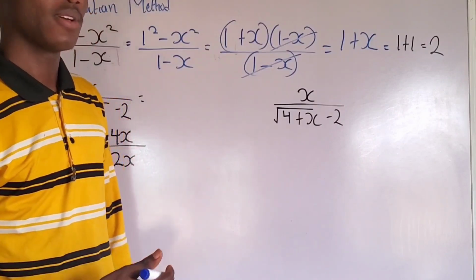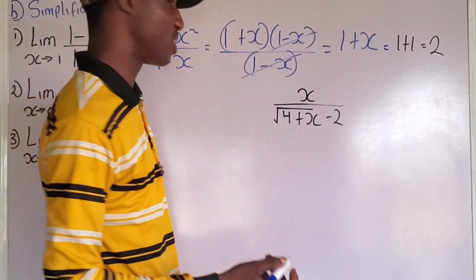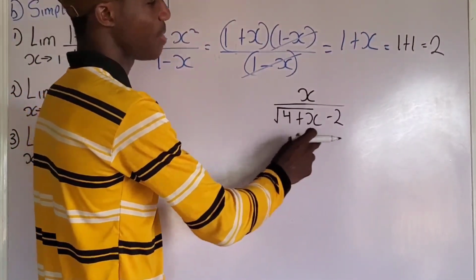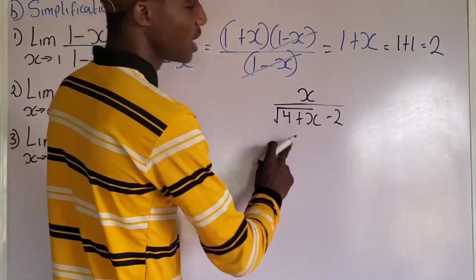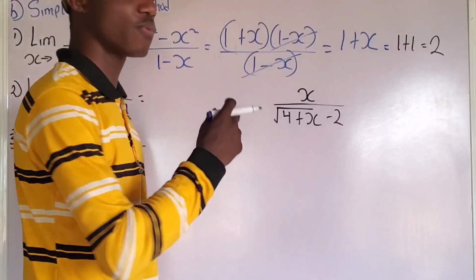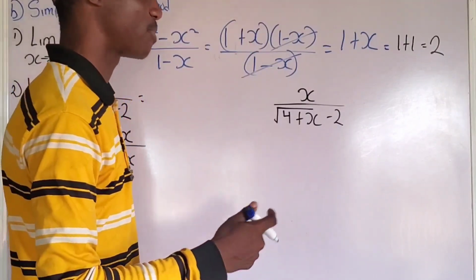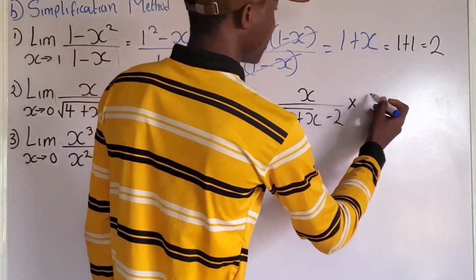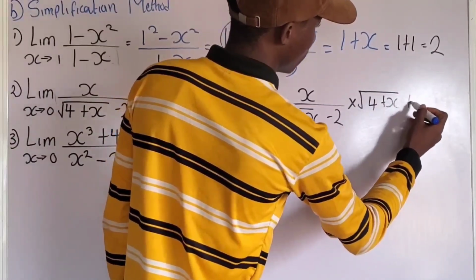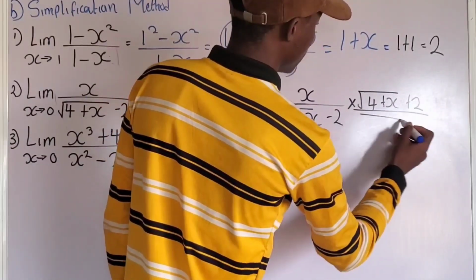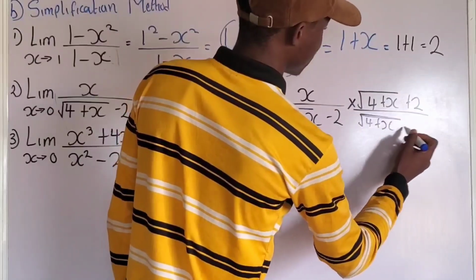You have to multiply both the numerator and the denominator by the conjugate. The conjugate of the denominator is root 4 plus x plus 2. So I'm going to multiply both the numerator and the denominator by root 4 plus x plus 2, all over root 4 plus x plus 2.